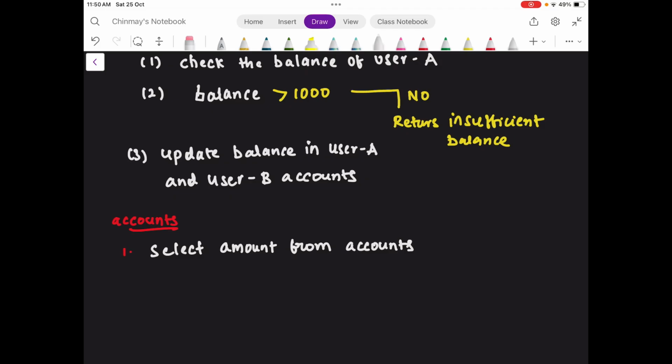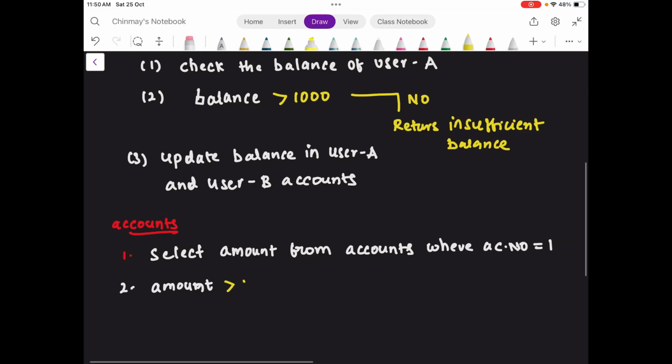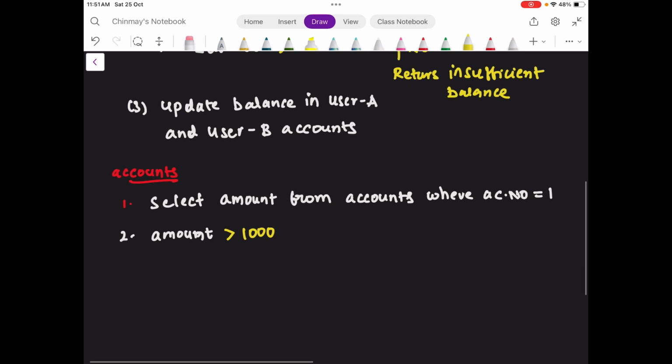Select amount from accounts where account number is equal to 1. That is the select statement involved. Then the next operation is checking that the amount is greater than 1000.